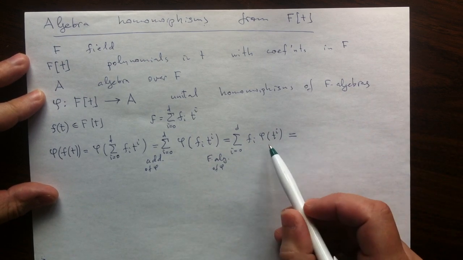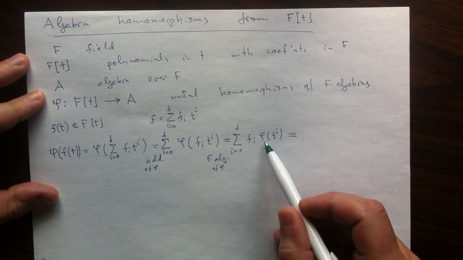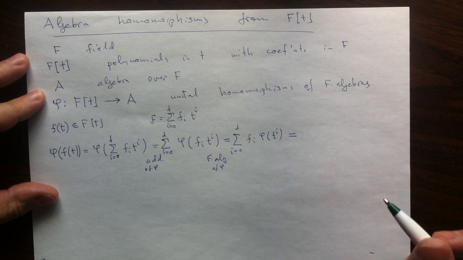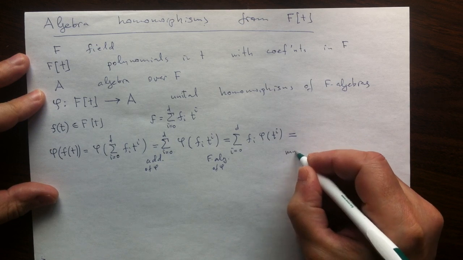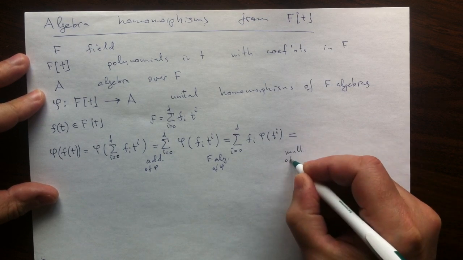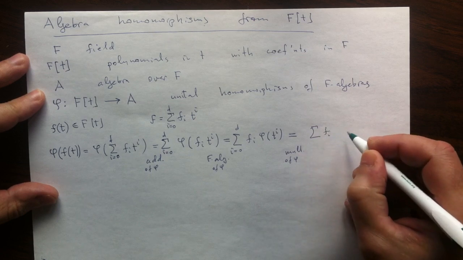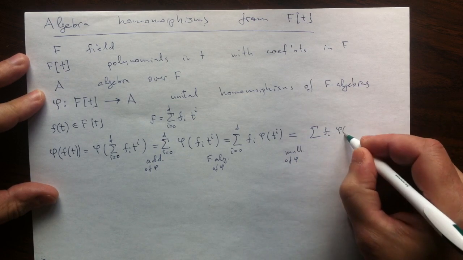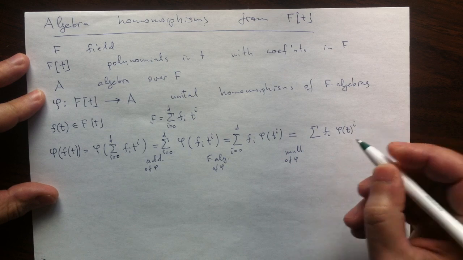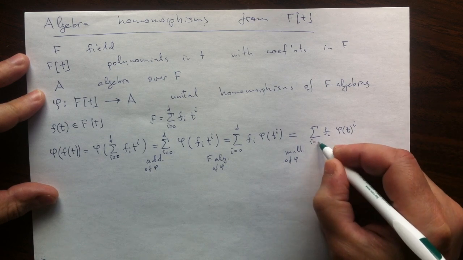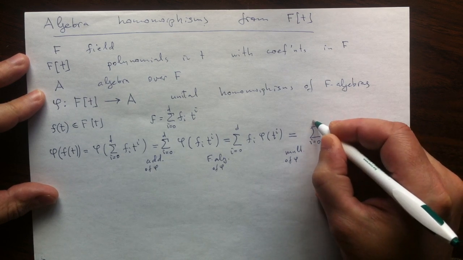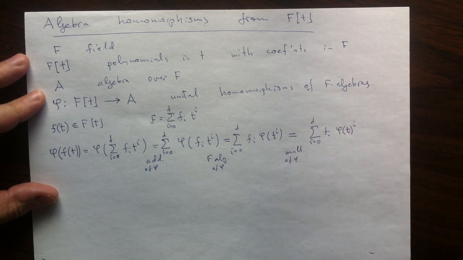And at this step we are looking at the values of phi on the powers, and we can use multiplicativity of phi, and using it we can write the values as the value on t to the power i, starting from the 0 power to whatever is the highest power in our polynomial.